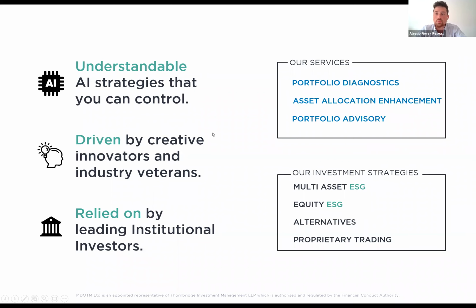For those reasons, we have chosen to develop understandable AI that our clients, which are exclusively institutional investors, are actually able to control and understand.